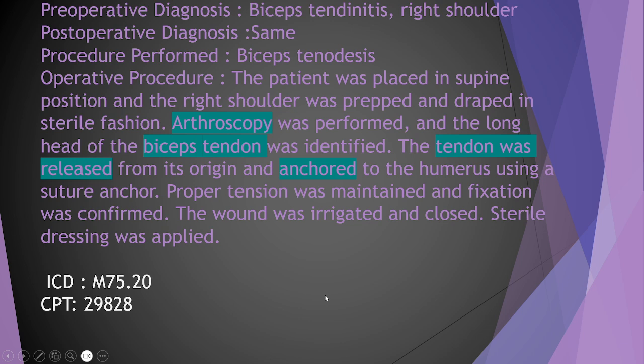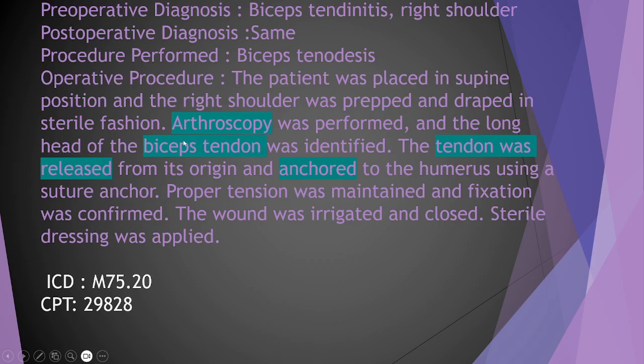Okay, so here's an OP report of the tenodesis. Preoperative diagnosis is biceps tendinitis, right shoulder, and postoperative the same, and the procedure performed is biceps tenodesis. In the description: the patient was placed in supine position, and the right shoulder was prepped and wrapped in sterile fashion, and arthroscopy was performed.